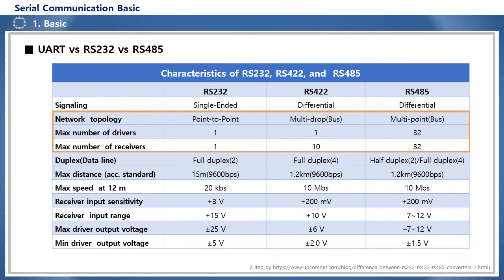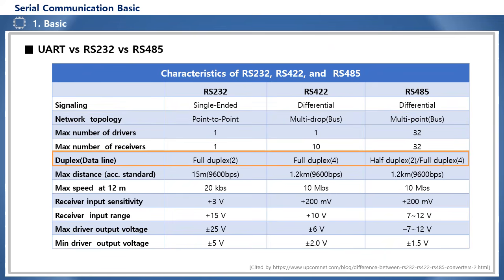The transmitting and receiving devices are RS-232, which is a one-to-one, point-to-point method, RS-422, which is a 1-to-10 multi-drop, and RS-485, which can network up to 32 masters and slaves. In other words, RS-422 and RS-485 can be configured to connect multiple devices by applying the bus method in addition to expanding the communication distance.